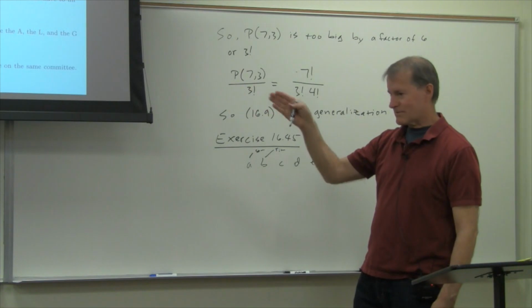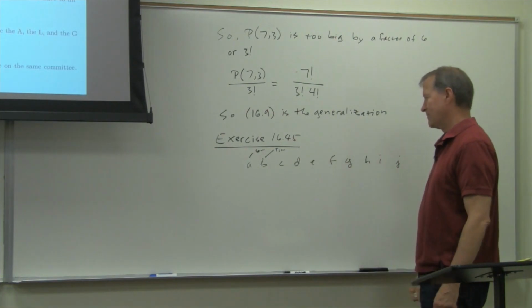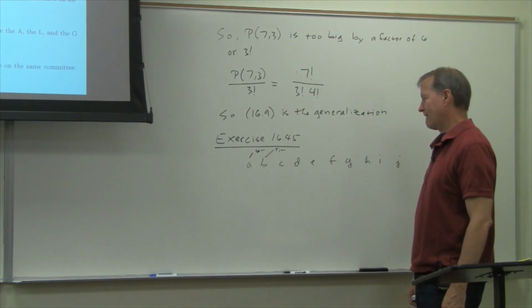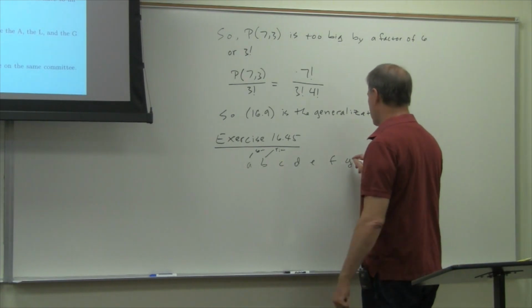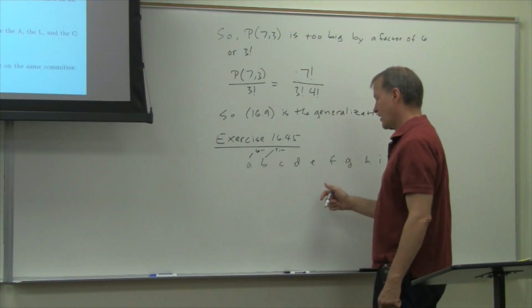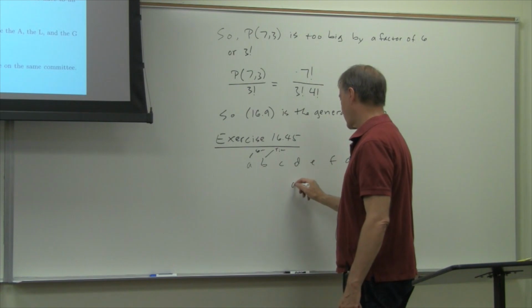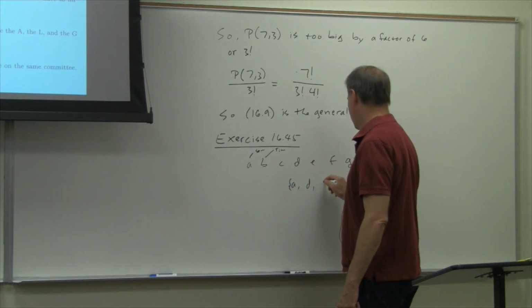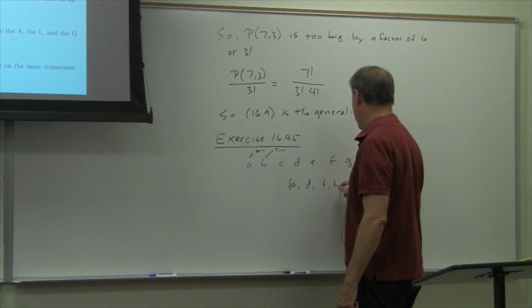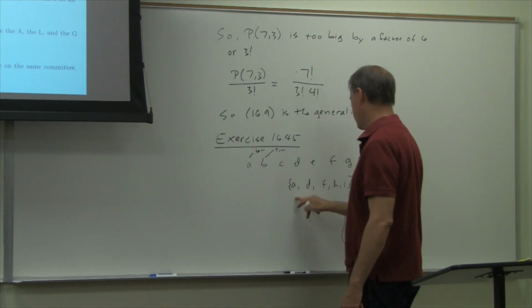So we're in this situation, right? Let's list a few of them. We could have the set A, D, F, H, I. That's one.